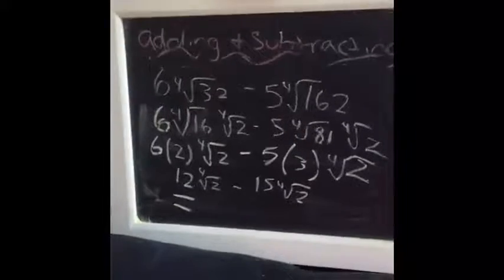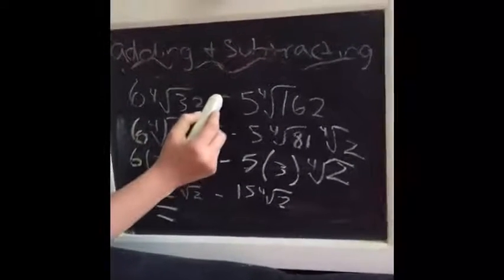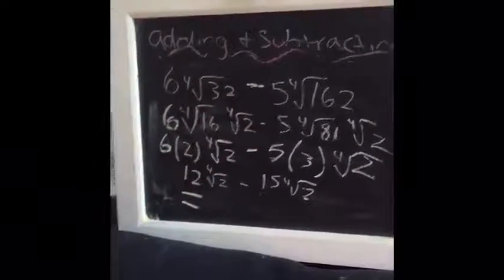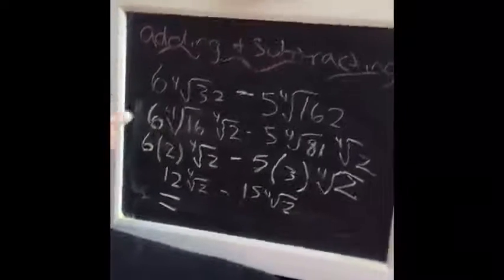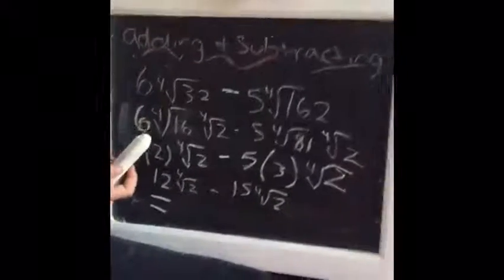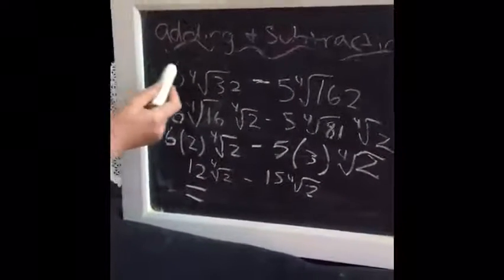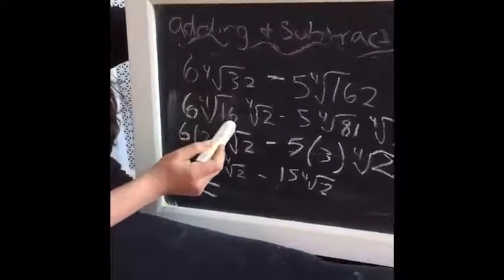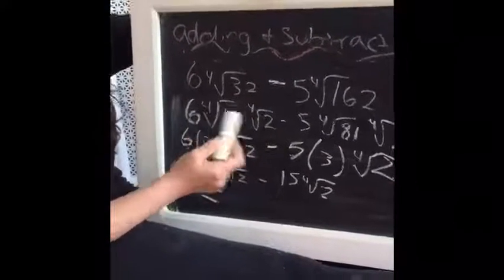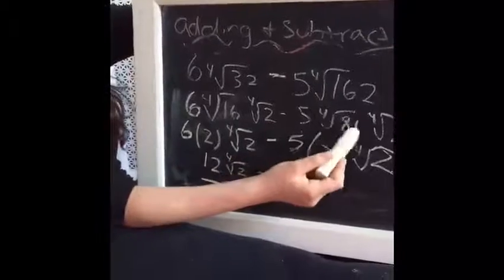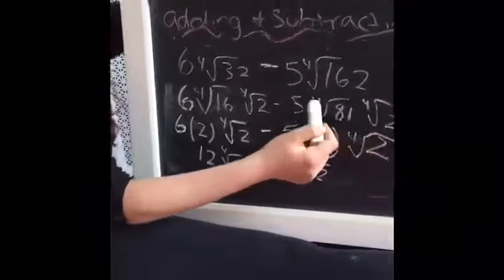So if we literally took the same exact problem, but we switched this to a subtraction sign, you would do the same exact steps. You would first simplify the radicals. So you would drop down the 6, and this would be rad 16 and rad 2 with 4 in the index minus 5 with rad 81 and rad 2 with, again, 4 in the index.